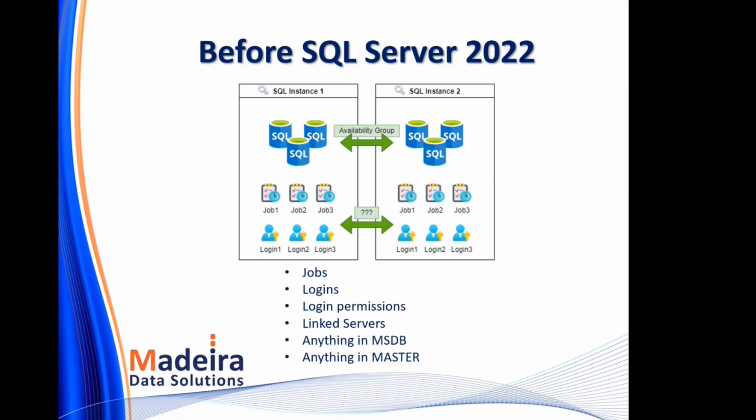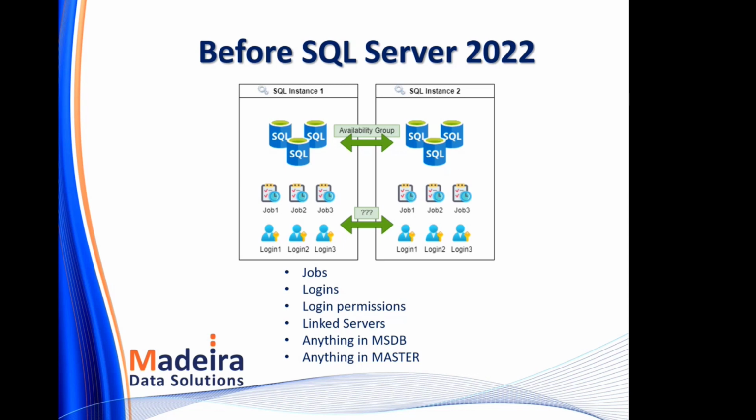But the synchronization only happens at the database level. The database is the object, per se, which is being synchronized. But what about server level objects, such as SQL Server Agent jobs, logins, server level permissions, linked servers, or essentially anything that is saved in the MSDB or master system databases?